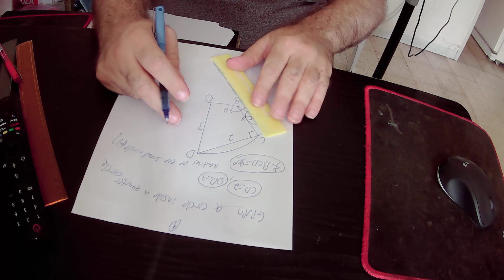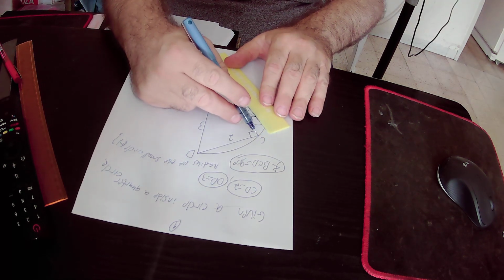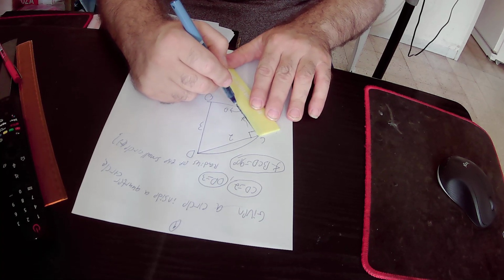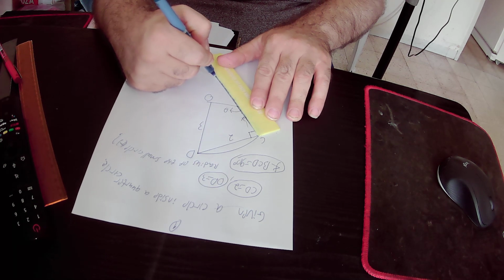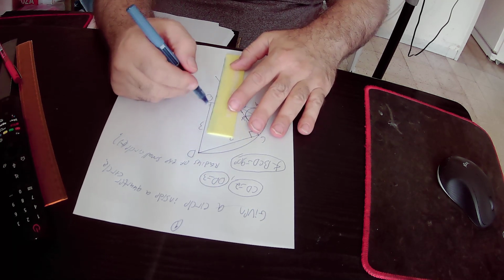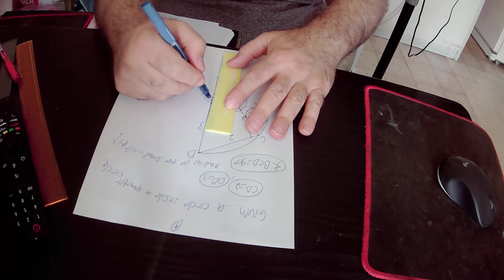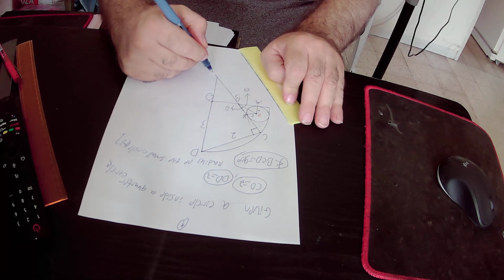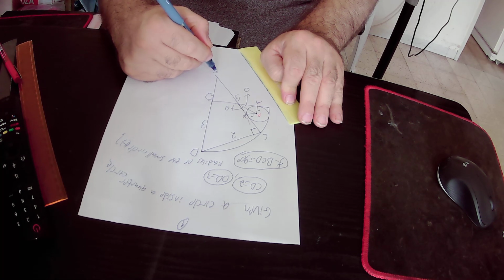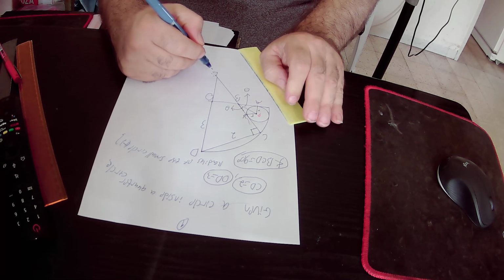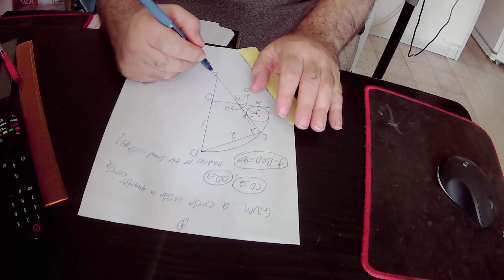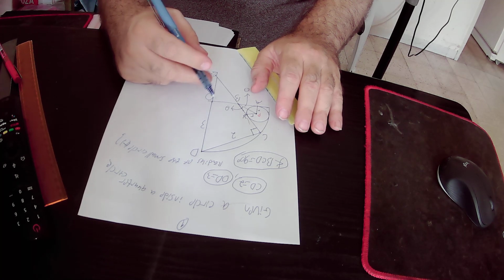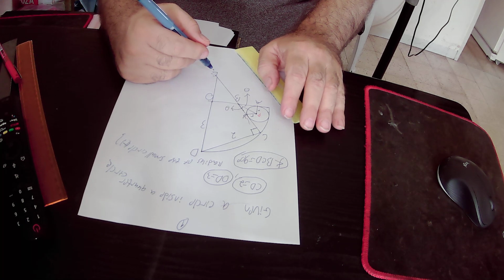Here I will extend line segment CB, and then I will also extend line segment DO until those two line segments intersect, and the intersection point of the two line segments will be defined as E. Okay, line segment CB, after we extended it, intersects with line segment DO, after we extended it, at point E.